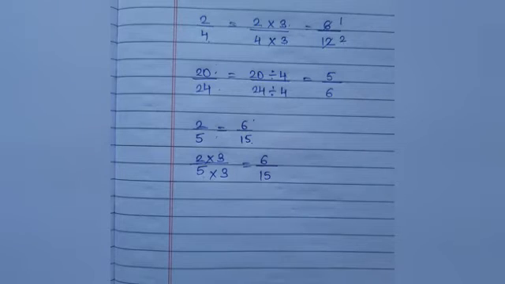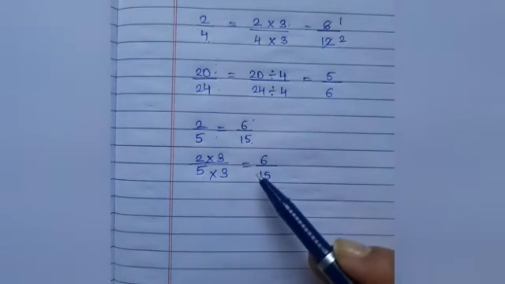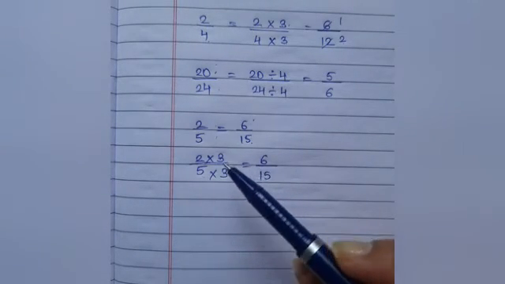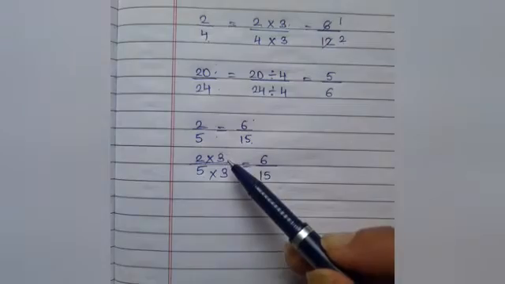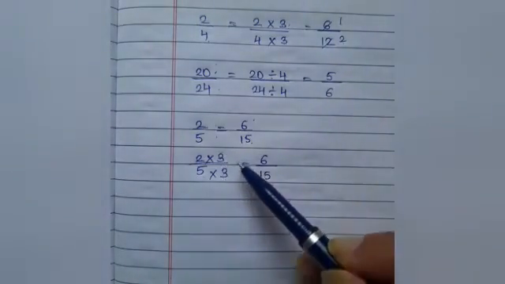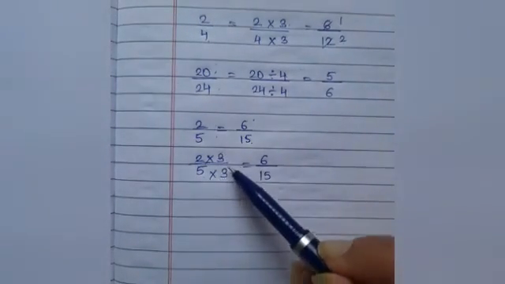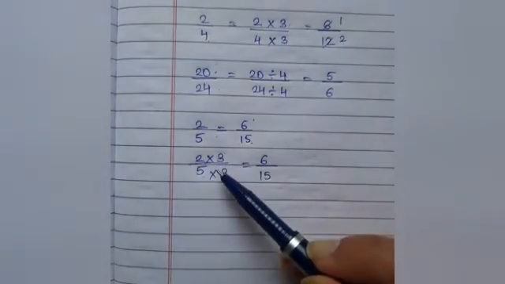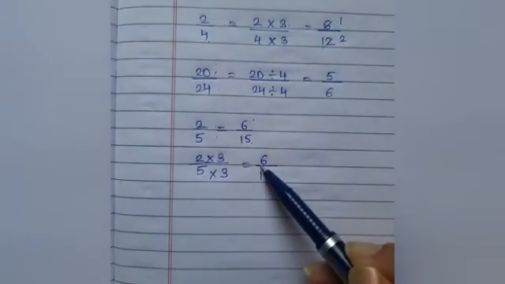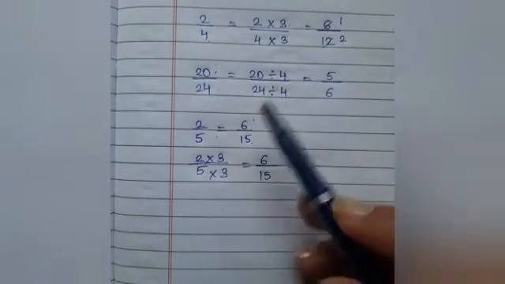So we have to keep in mind that when the numerator and denominator of a fraction are multiplied by the same non-zero number, means a number which is not 0, we get a fraction that is equivalent to the given fraction.